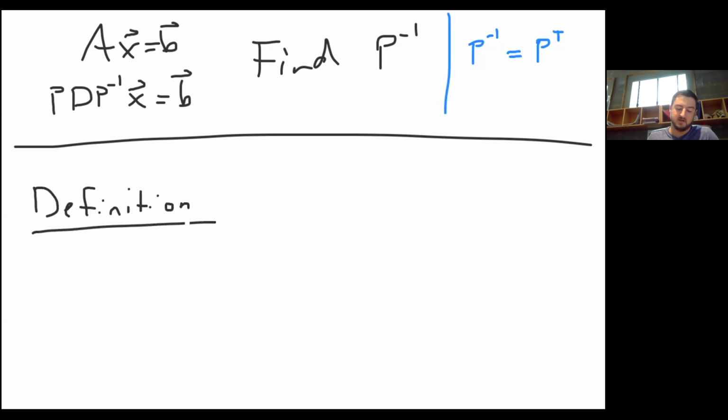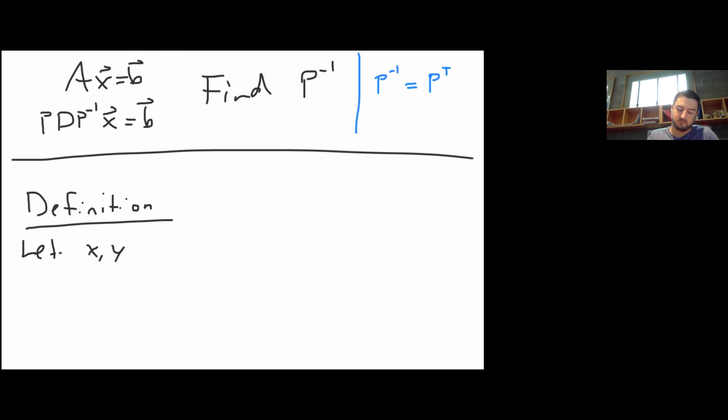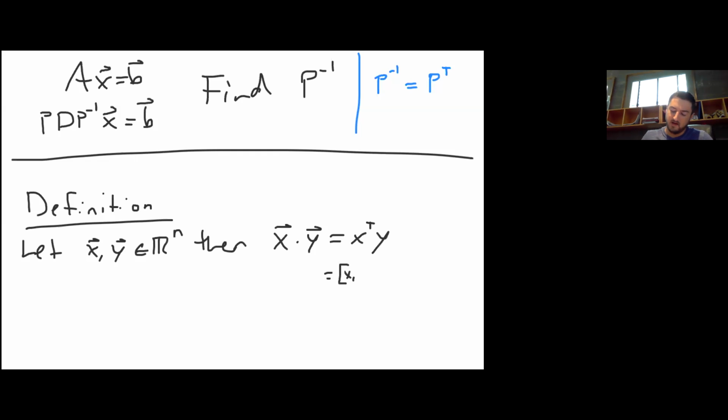If I let x and y be vectors in Rn, then we define the dot product of these two vectors to be the transpose of the first vector times the second vector. Which means that if we have n entries, all n of the x entries multiplied by the vector y follows first row by first column.